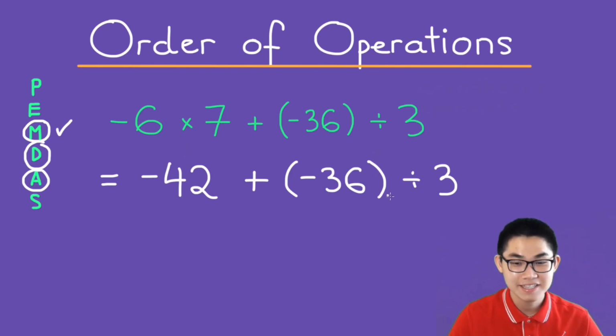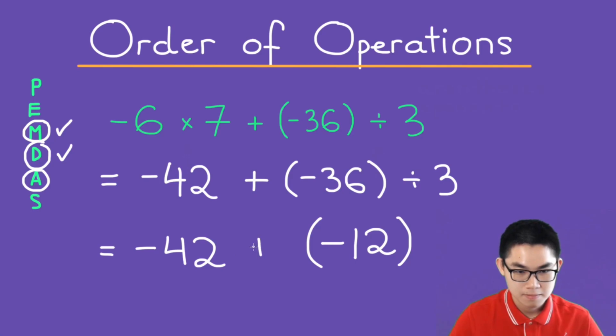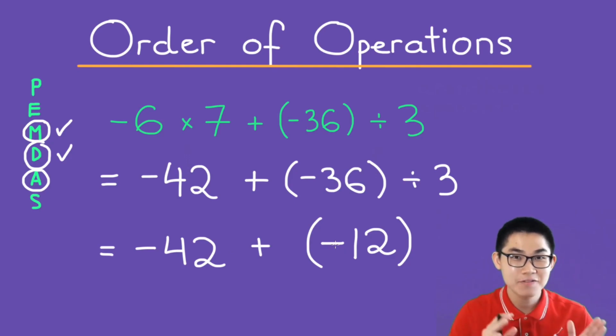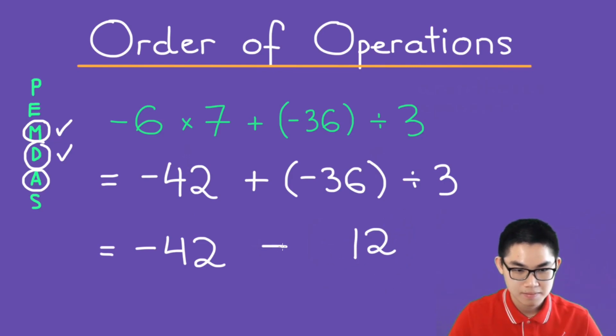Negative 36 divided by 3 is negative 12. And division is finished. Negative 42 plus negative 12 is the same as negative 42 minus 12. And that is going to give you negative 54.